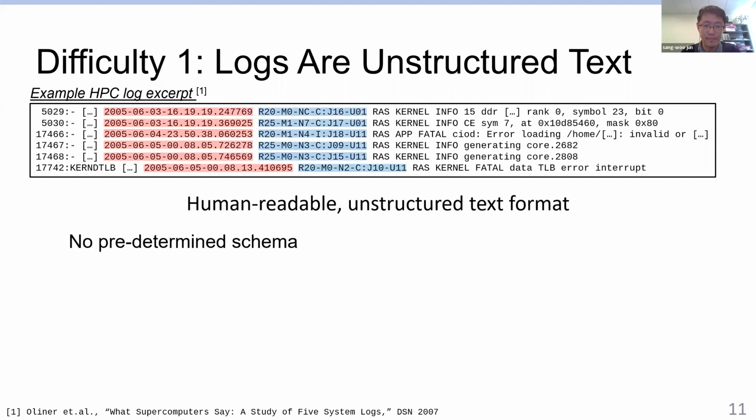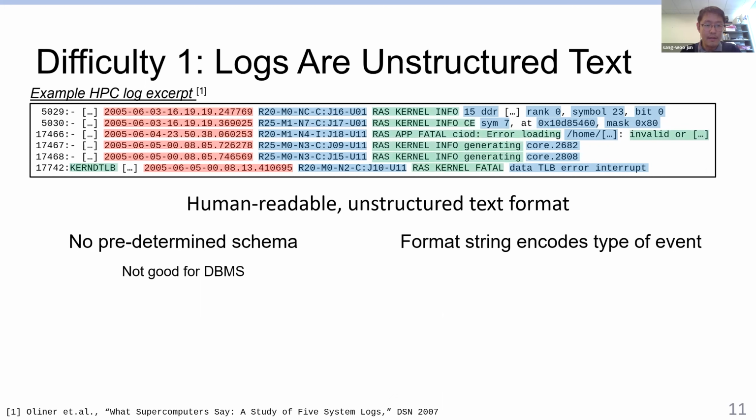For example, important keywords can appear at different offsets within a line, and sometimes they may be completely unstructured. This means this kind of data is not really a good fit for the more regular data structures supported by database management systems, for example.